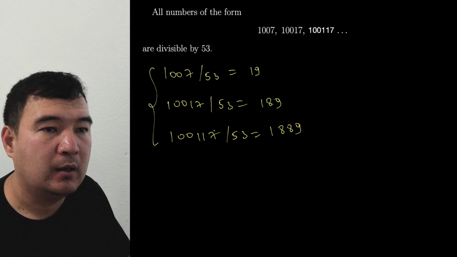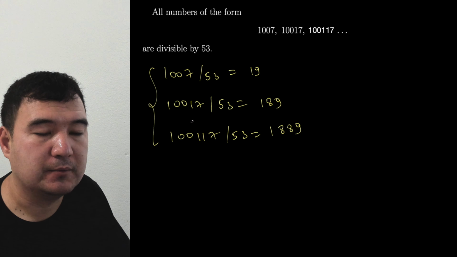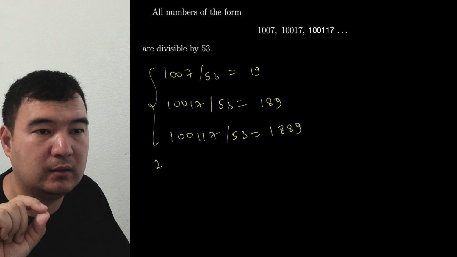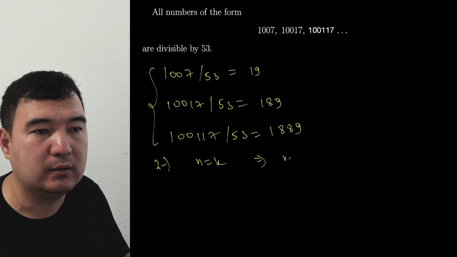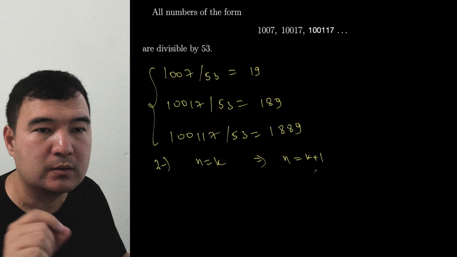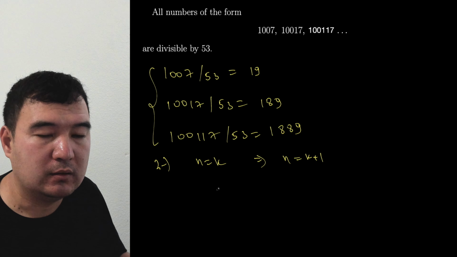So this is going to be the base of induction. If you want the step of the induction, the second step, the transition from n equals k to n equals k plus 1, we just need to check the difference between these two numbers.